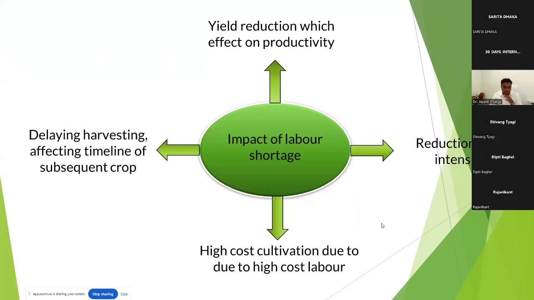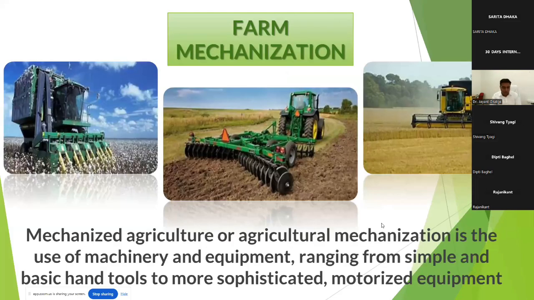Then there is a higher cost of cultivation due to increased labor wages, lower cropping intensity, and declining productivity also. To meet the demand of Indian agriculture, we need to think about farm mechanization.